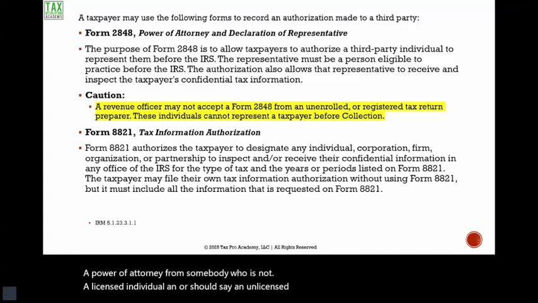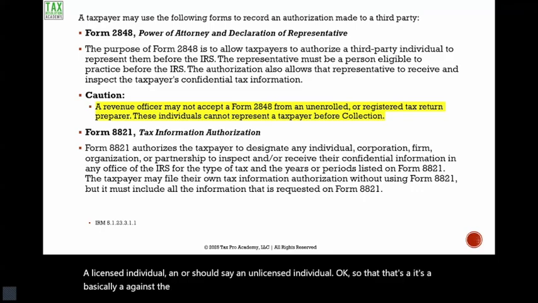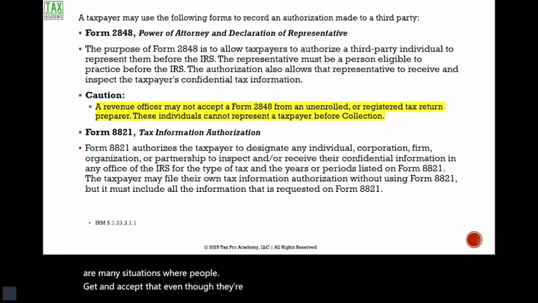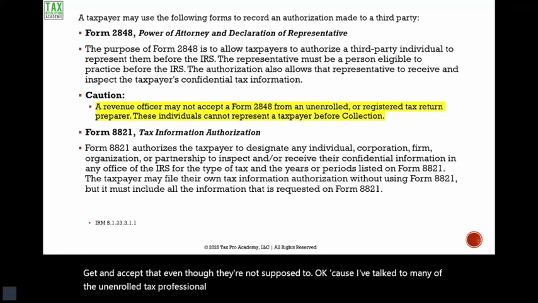Okay, so it's basically a against the rules type of situation. Although, like I said, I've said many times, there are many situations where people get and accept that even though they're not supposed to. Okay, because I've talked to many unenrolled tax professionals who say that they've talked to people.